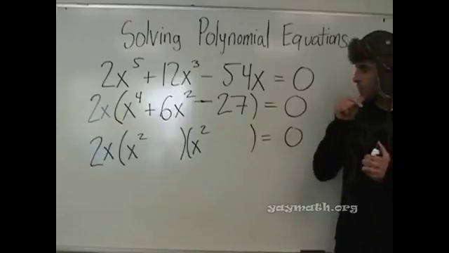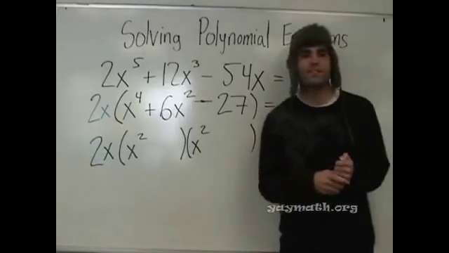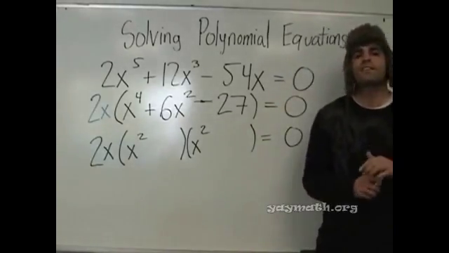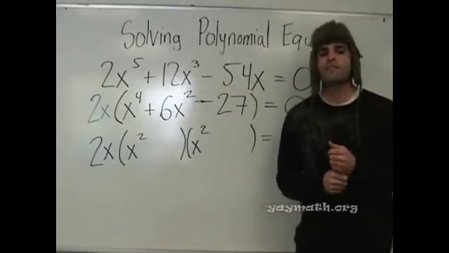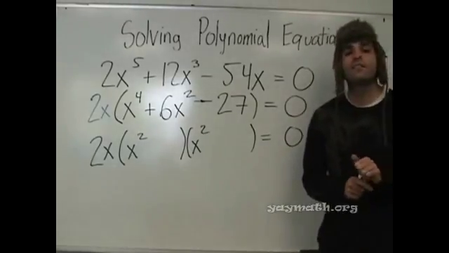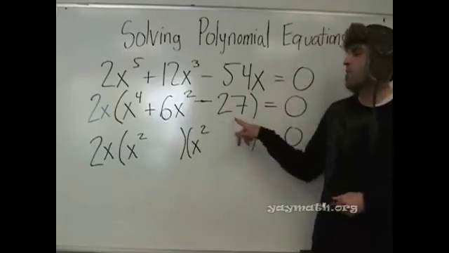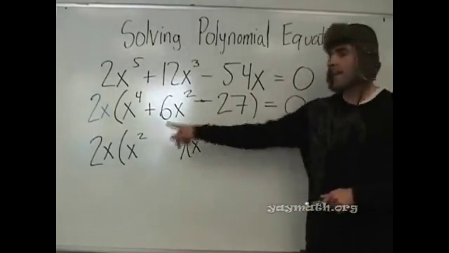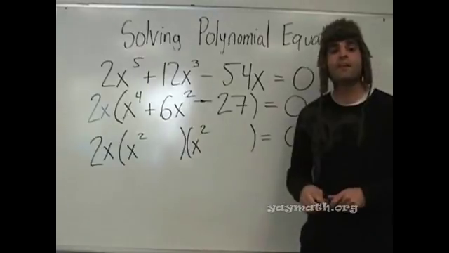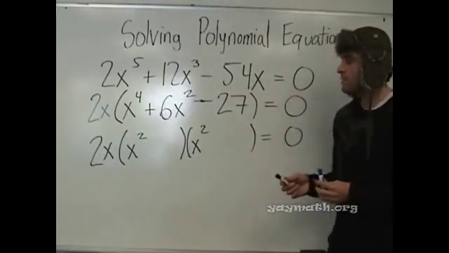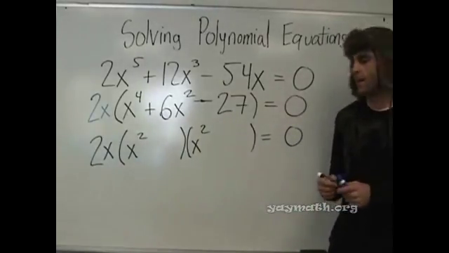And what multiplies? Ask the question before you say the answer. Loud. What multiplies to -27 and adds to 6? What two numbers in this case? -3 and 9 multiply to -27 and add to +6. Good.